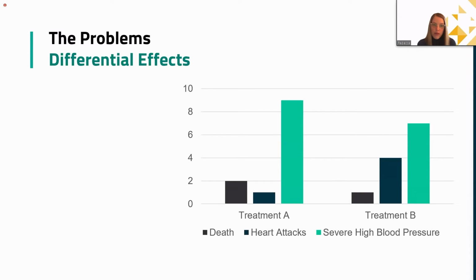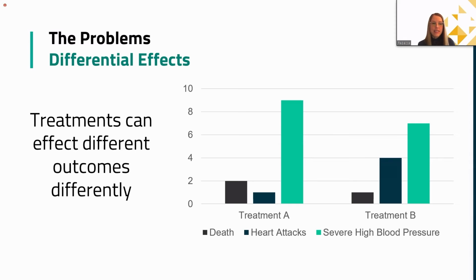There's an additional problem with composite endpoints. And that is that treatments can affect different outcomes differently. So although these are all different things that might happen in a given condition, there might be different underlying disease processes that are causing these different outcomes, and treatments might affect each of those processes differently.